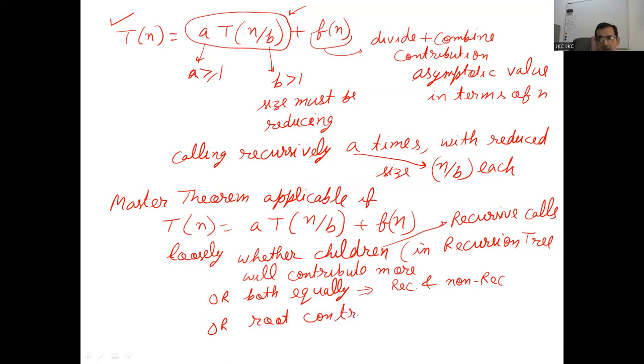The root contributing more means that f(n) available at the root contributes more. We always know that the dominating term decides the complexity, so accordingly we will decide the total complexity.